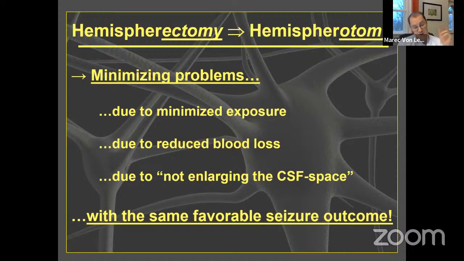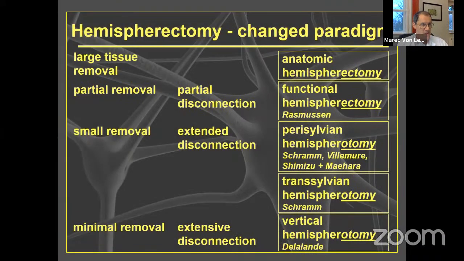But still, we have a very nice seizure outcome with these large resections. So the idea was to go back with resection and to disconnect more and more. So we have here just a few words about the large removal of tissue in the anatomic hemispherectomy, going through the different stages, the evolution of the disconnection rather than resection. We will hear a bit more about the vertical hemispherectomy later.